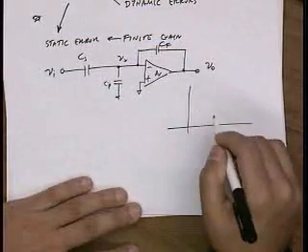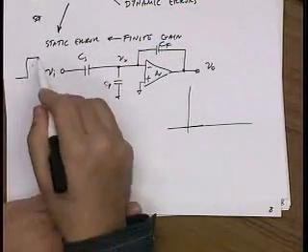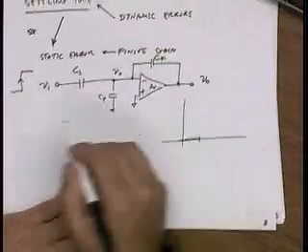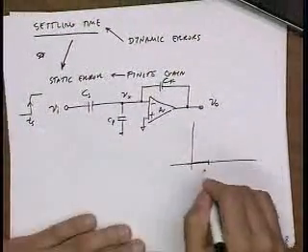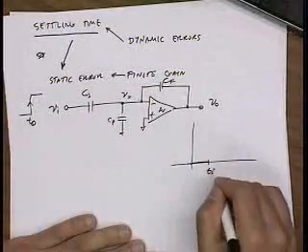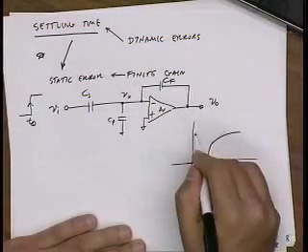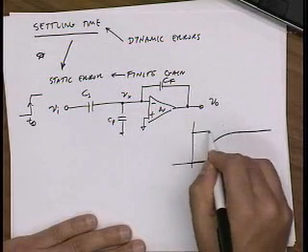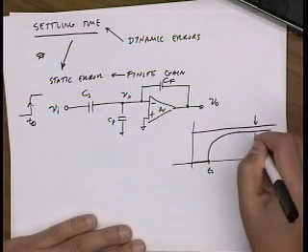So here's the idea. I put a step into my system, and I observe the output. At the time of the step, let's call this T0, my output, of course, will settle. And even if I wait infinitely long, there will be an error.